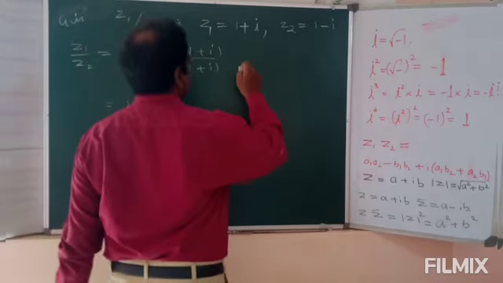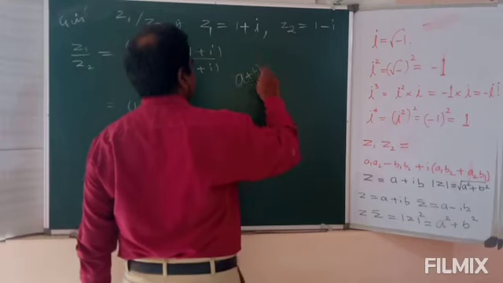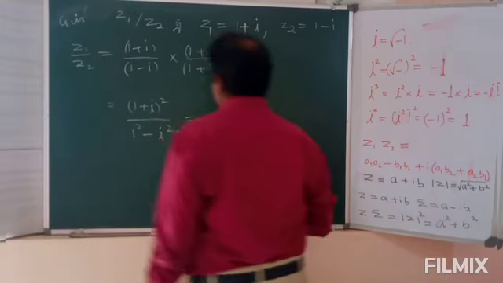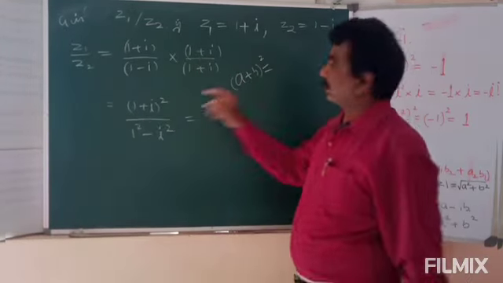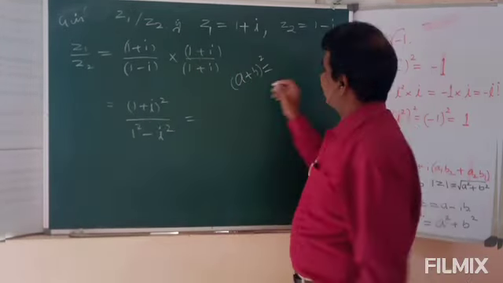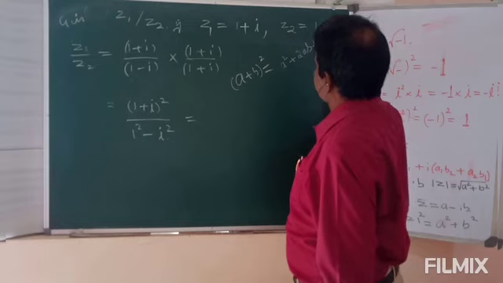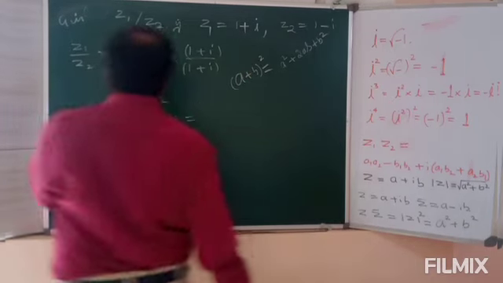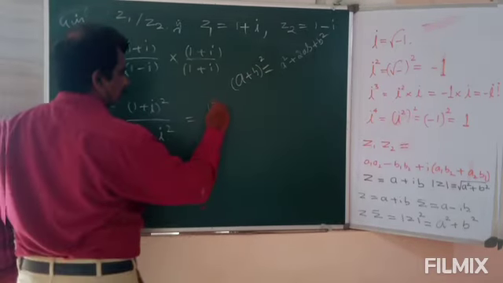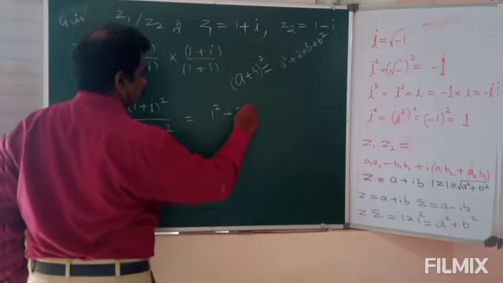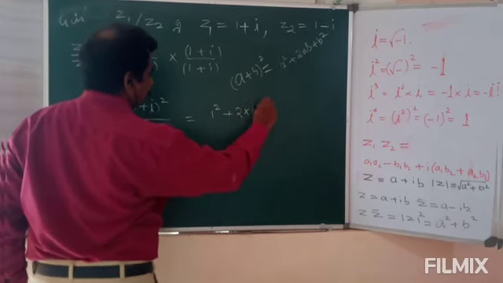Now what is a plus b whole square? It is a square plus 2ab plus b square. Similarly, 1 plus i whole square is 1 square plus 2 into 1 into i.